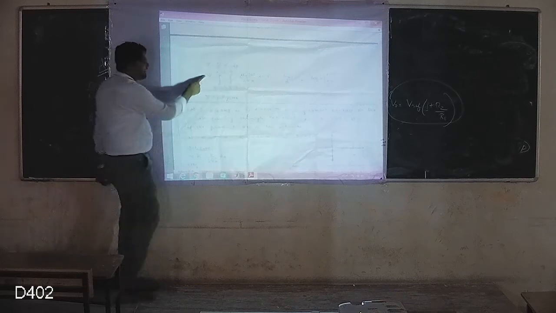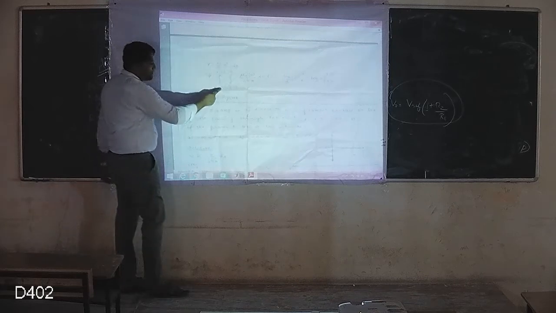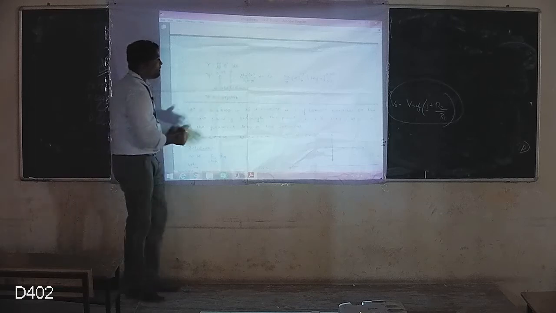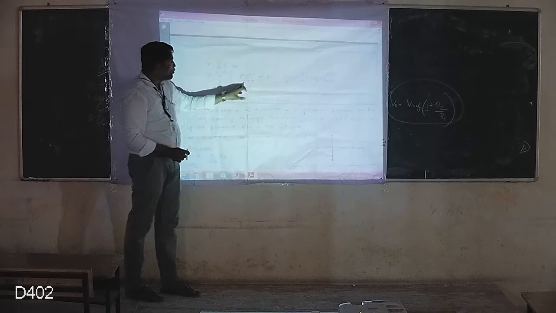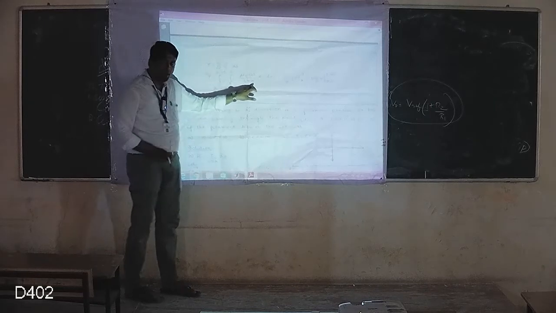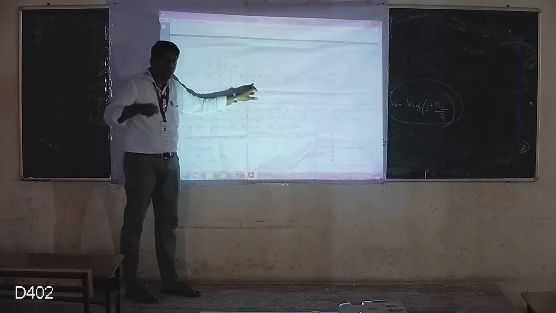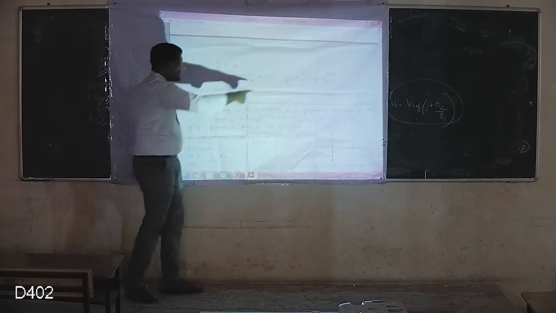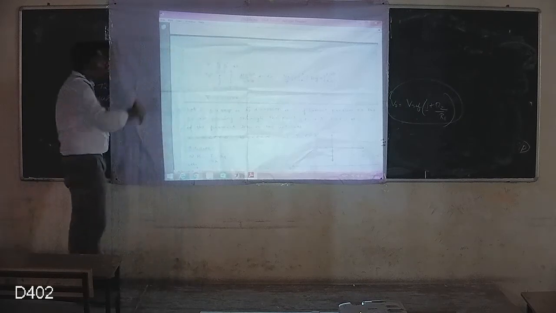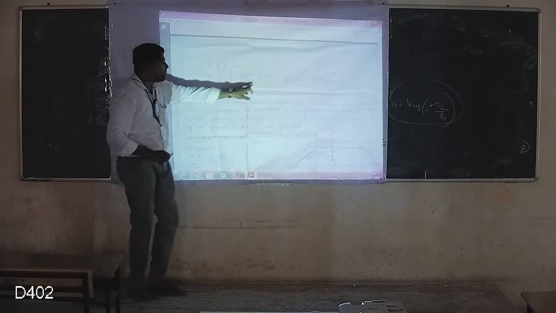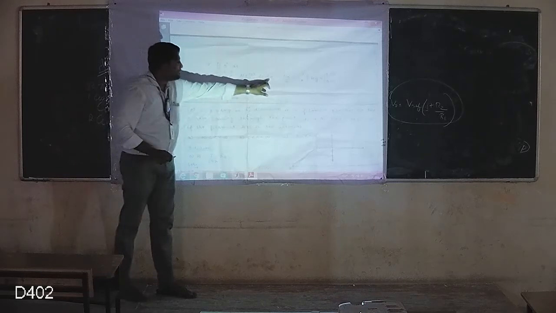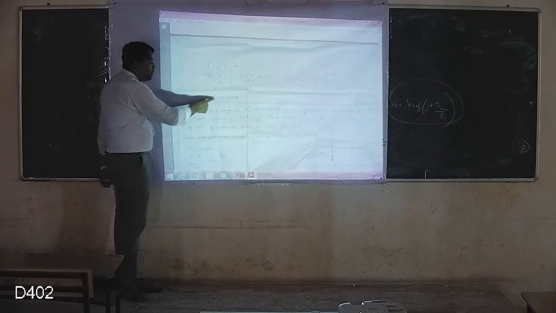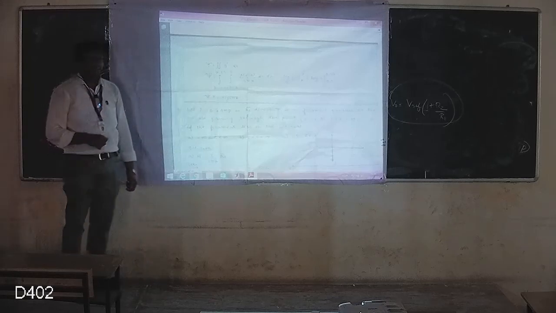Therefore psi is equal to, from the given statement, r from 0.01 to 0.05, z from 0 to 2, and mu naught I divided by 2 pi R. R is given, but it is given as a limit range, 0.01 to 0.05. If we keep on doing the integration, 1 by R will become log R, and the integration for dz will become z. With limit substitution, I will get psi equal to 1.21 microweber.